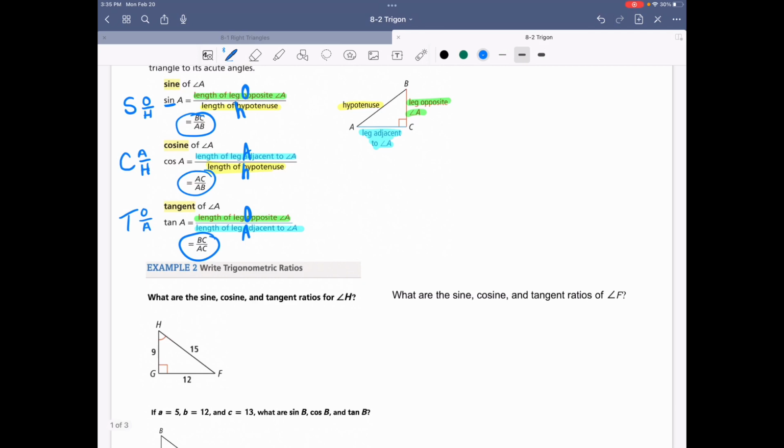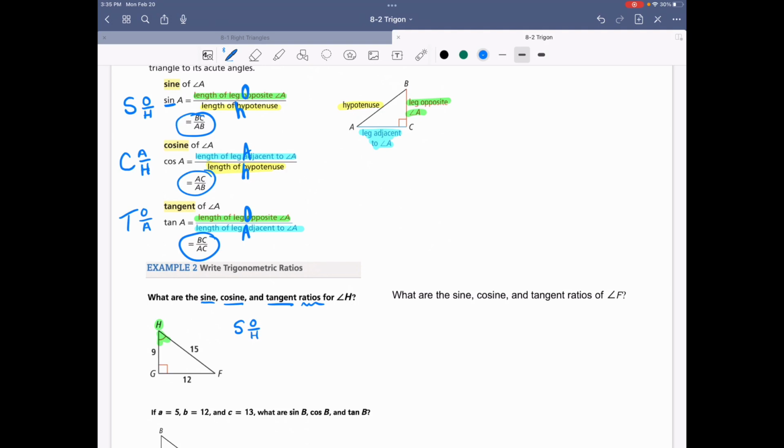All right, we're going to practice. SOHCAHTOA. What are the sine, cosine, and tangent ratios of angle H? So I'm just going to highlight angle H because that's what we're looking at. And you need to know what adjacent and opposite mean. So we're going to start with sine, and sine is so in SOHCAHTOA.